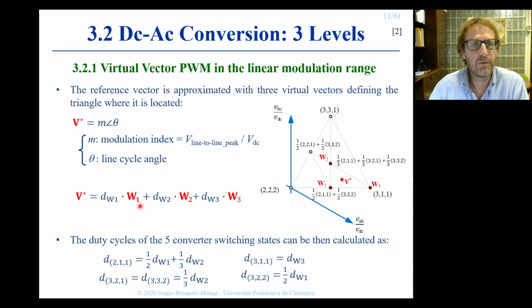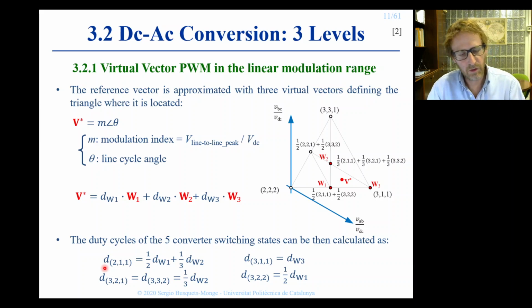Okay, the coefficients of this linear approximation are the duty cycles or the duty ratios that we need to apply each virtual vector. And then we can compute the duty cycle of all relevant converter switching states by simply applying the corresponding coefficients of the linear combinations defining each virtual vector, and this way we will get then the duty cycles of the converter switching states.